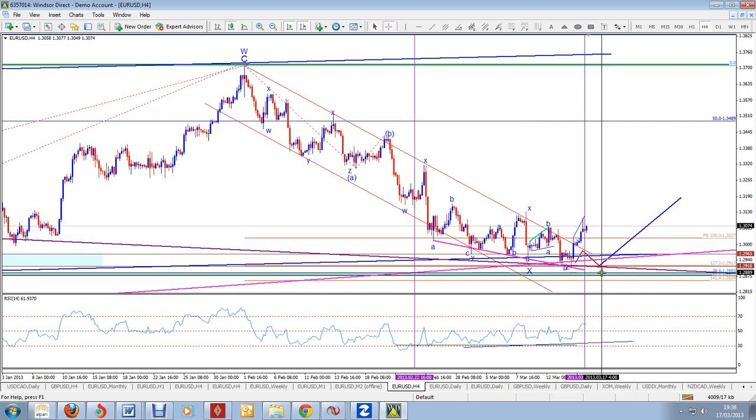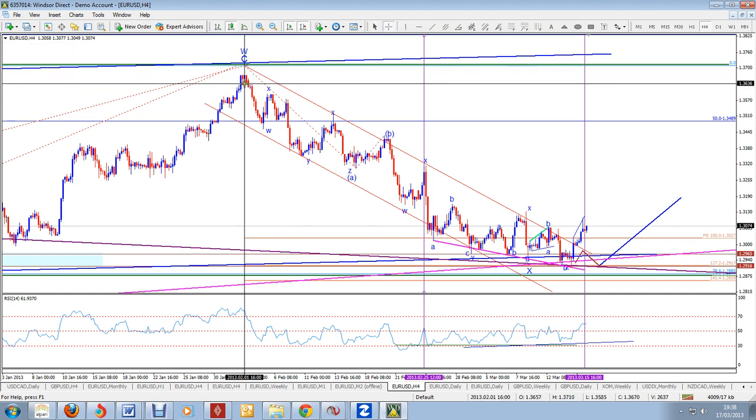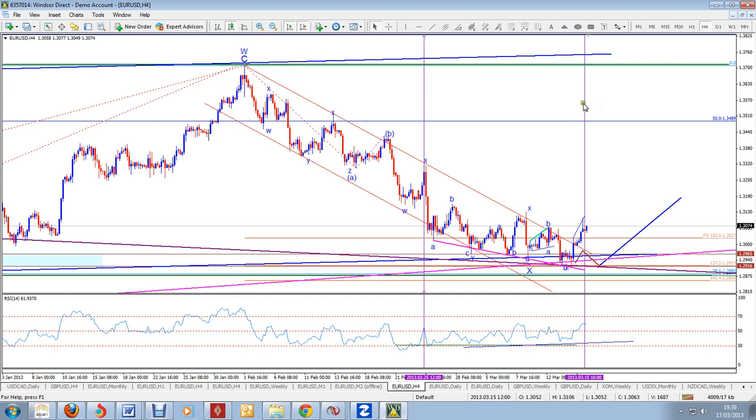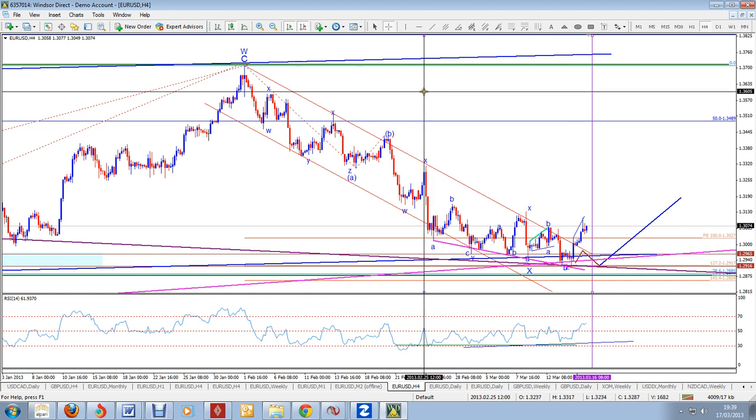So we didn't get a bottom there, but we should find that bottom will form very soon. On the other side, if we move this one to a high, so in other words we do high to a high, then how many bars do we have? It is 95 bars. So this one moves along 95 bars.